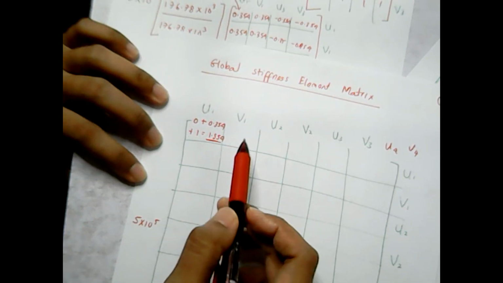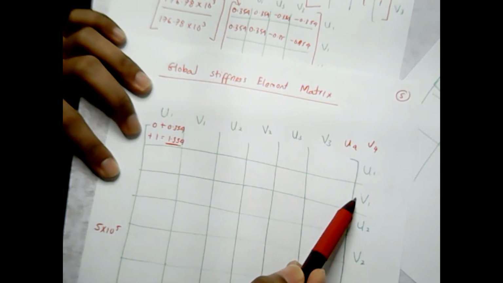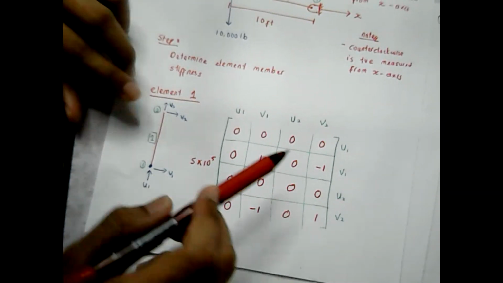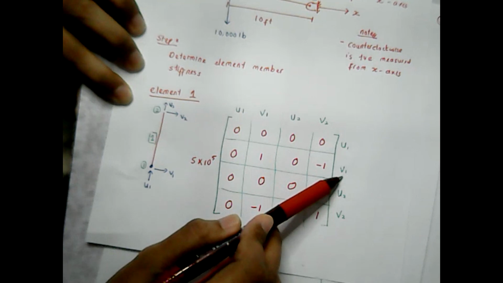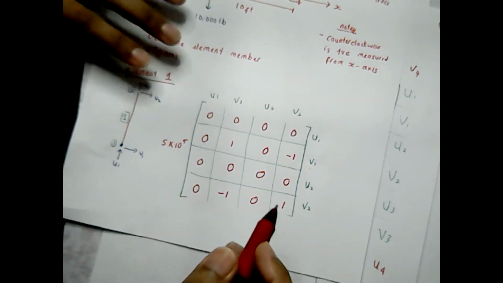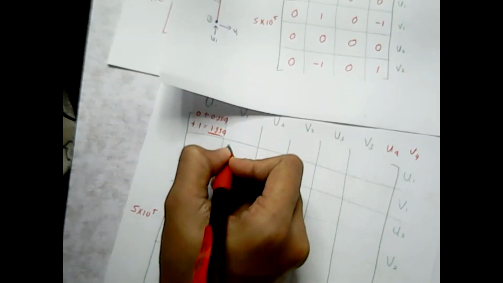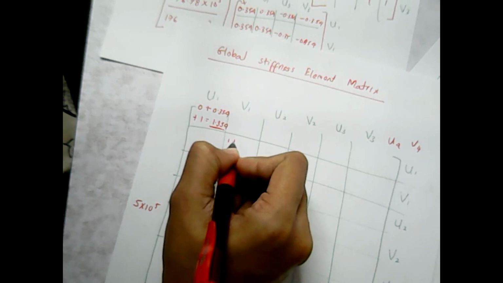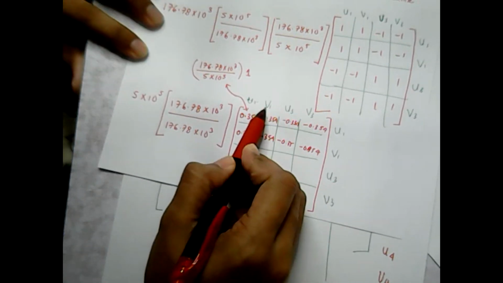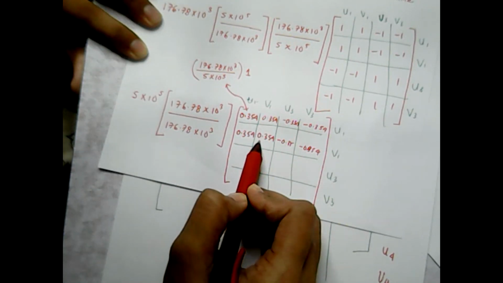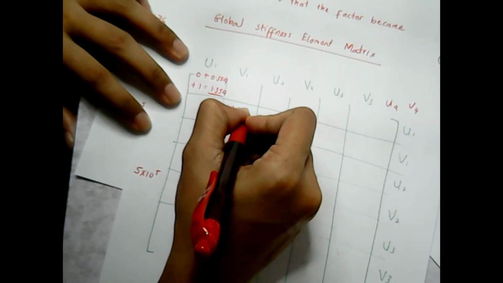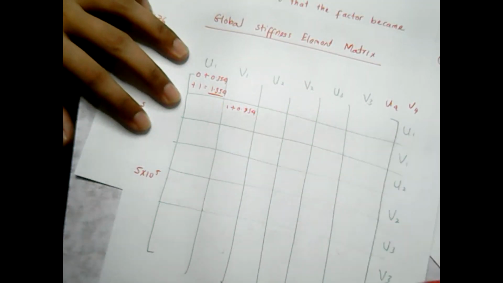Let's try v1, v1. Again you go for element number 1, v1 and v1, which is 1. So 1 plus, look at element number 2, v1, 0.354, so plus 0.354, and then look at your element number 3.